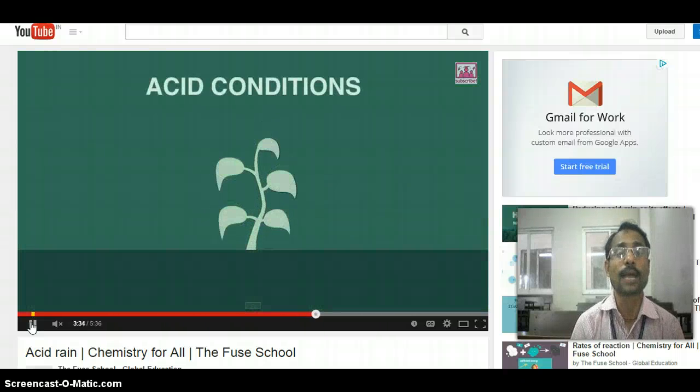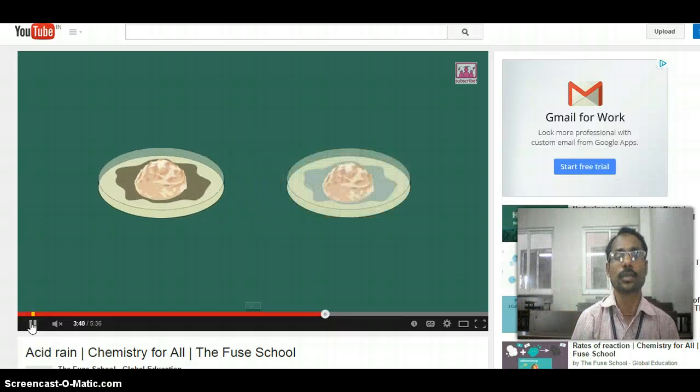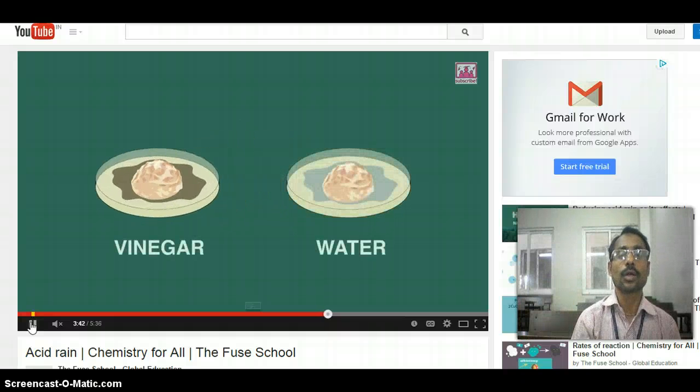What are its harmful impacts? When it comes with the rainwater, the water becomes acidic in nature, and that acidic nature impacts living organisms. You can see in the two figures, one is vinegar contaminated and another is simply in water.